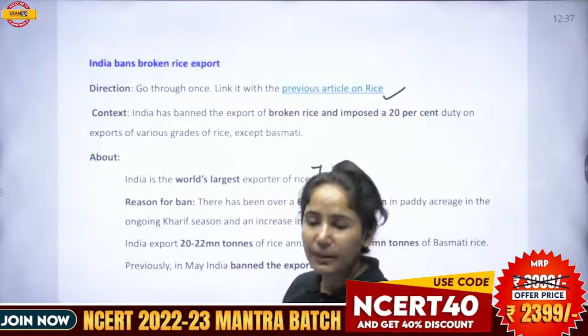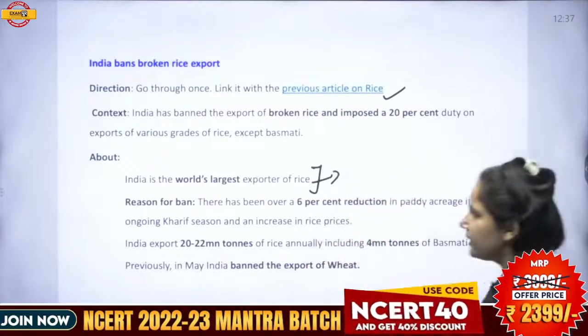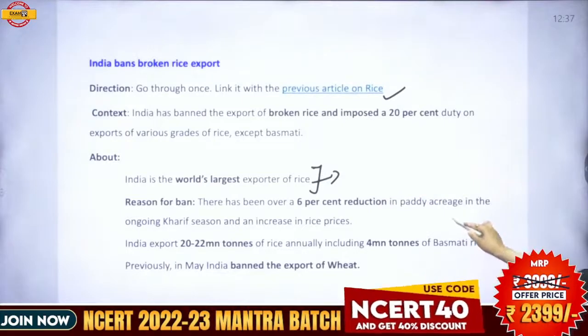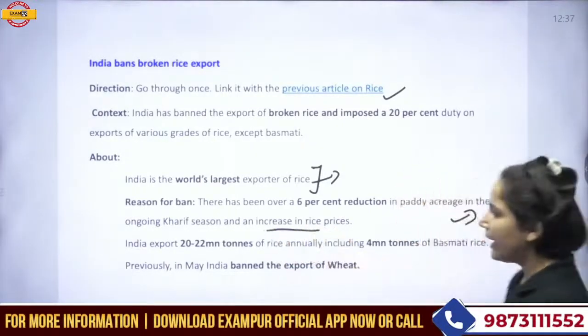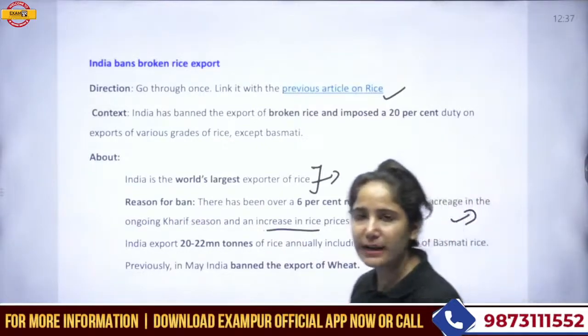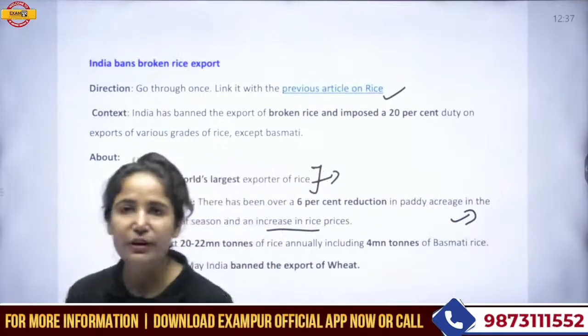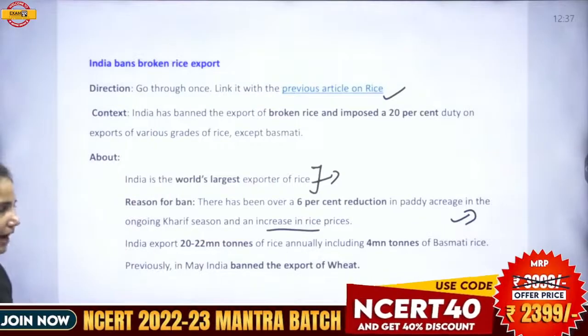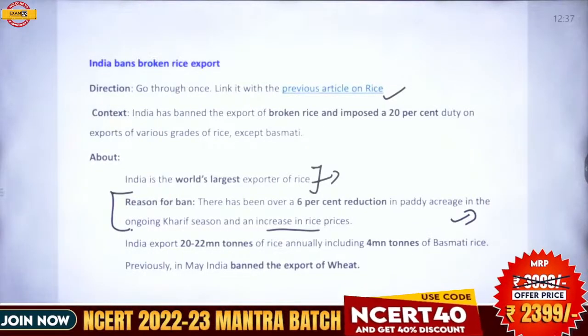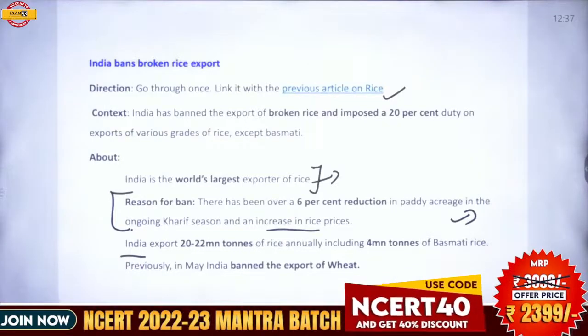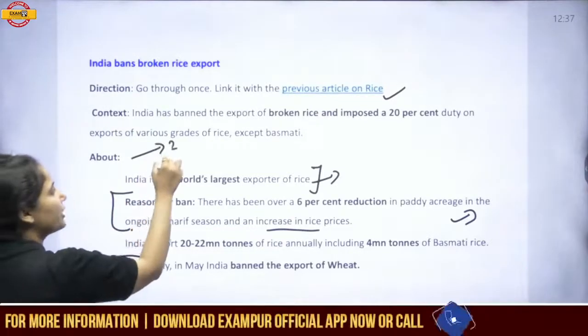We are exporting at number 1 position. Second is the reason behind it. This is all about the ongoing Kharif season and the increase in rice prices. This is deteriorating the demand side for our exports, making them less competitive in nature. And for India's exports, you can just imagine, we are number 2 in terms of production.